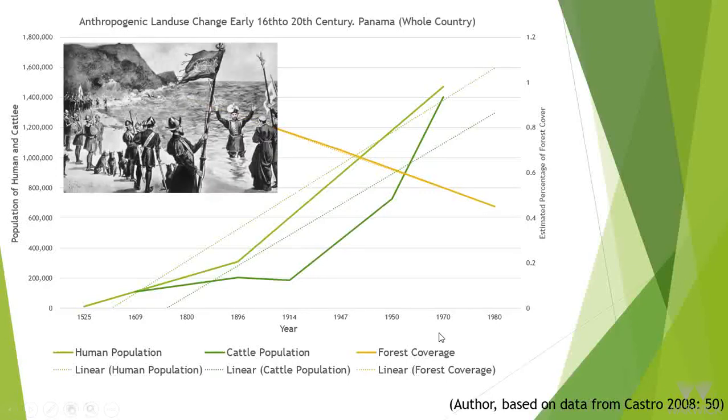Thinking about people in the light green line, we can see human populations being introduced into Panama, and I think it's fair to say specifically the area around Panama City. Although this data is for the whole country, knowing what I know about the country at the time and its administrative capacity and those people who are building records, this most likely means Panama City and not very far beyond that.